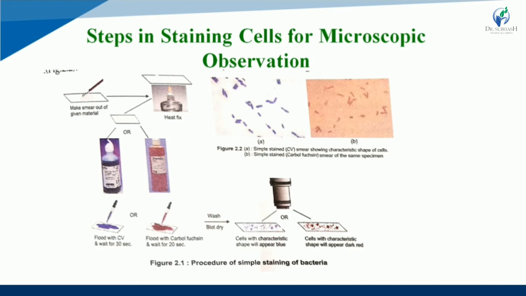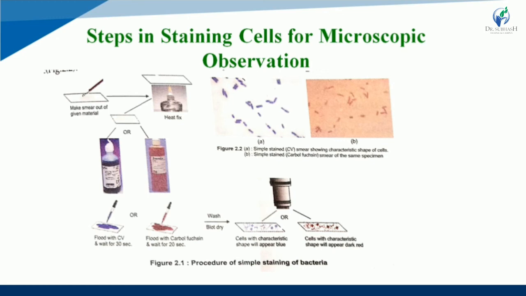After smear formation, heat fix the glass slide by passing it 2 to 3 times over the flame with the smear side facing upwards. After heat fixing, they are stained with the help of staining reagent.